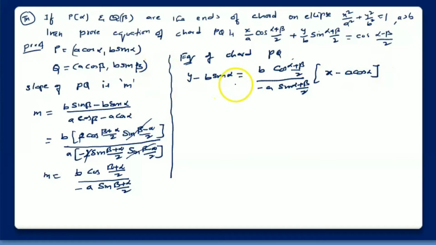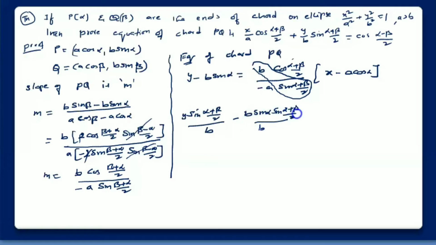So take b into this term, so b by sin (alpha plus beta) by 2 to this side. So what happens? Y into sin of (alpha plus beta) by 2 by b minus b sin alpha by b, which is equal to, if you multiply with the minus, cos (alpha plus beta) by 2 by a, this becomes minus x cos (alpha plus beta) by 2 by a, minus by minus becomes plus, a gets cancelled.